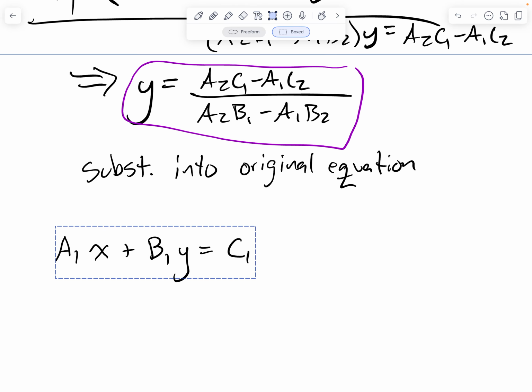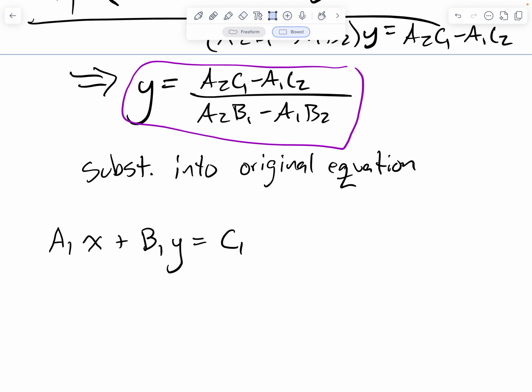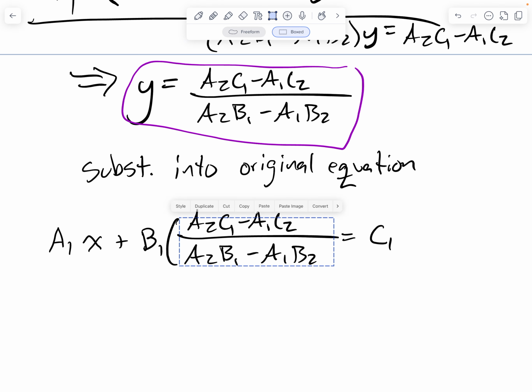Here's our original equation, but now we know what y is. So I'm going to replace y with a known value. I say known, a fixed value. Well, we know the name of it. So we know the name of the number y has to be this guy. So let's put that in there. There we go. That's the name of the y value.